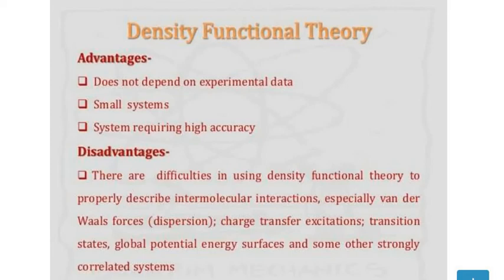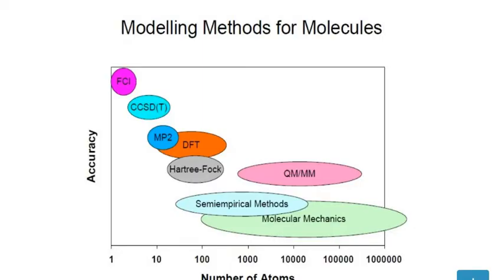So my friends, modeling methods for molecules. What is the meaning of this? You can see this graph has the number of atoms and accuracy. If the number of atoms increases, then you are moving to a different theory.